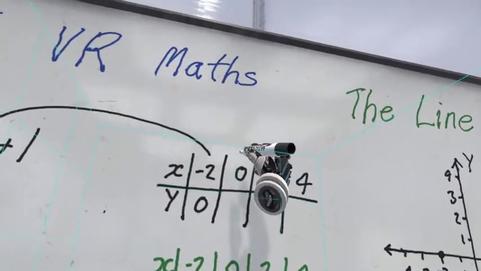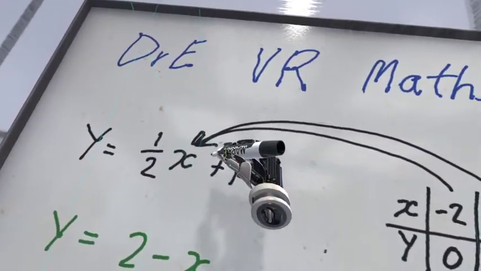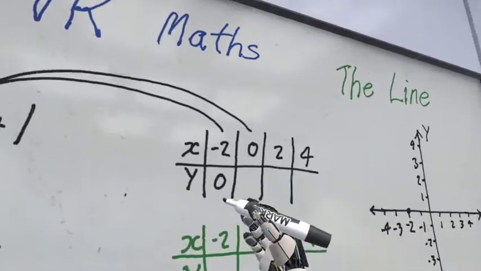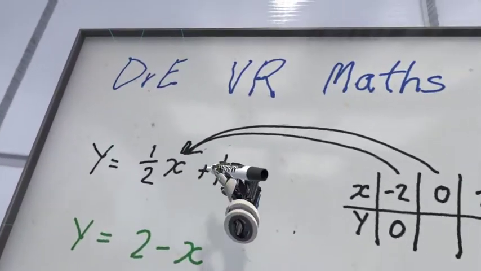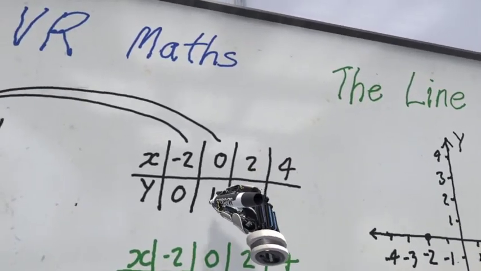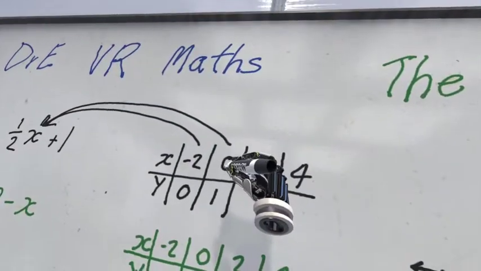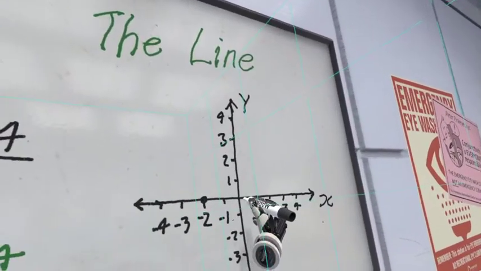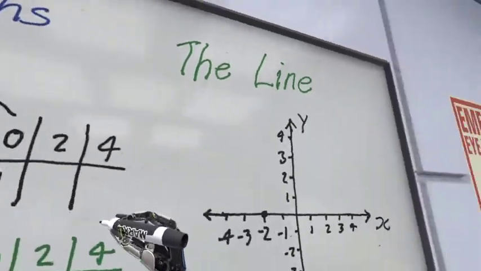Next, we're going to put in the 0, where that x value is. A half of 0, or half of nothing, is nothing. So half of nothing plus 1 is just 1. So that's x, which is 0, and y is 1.